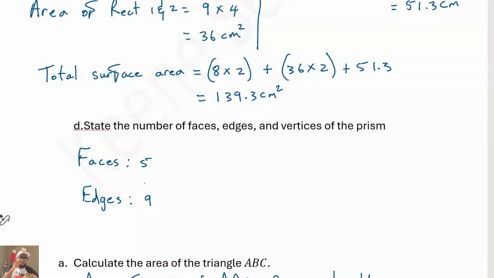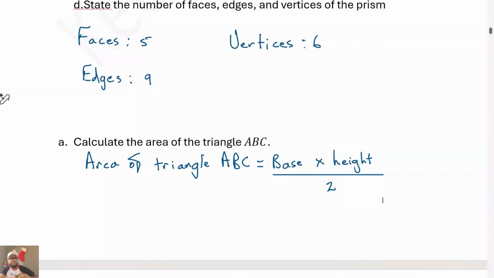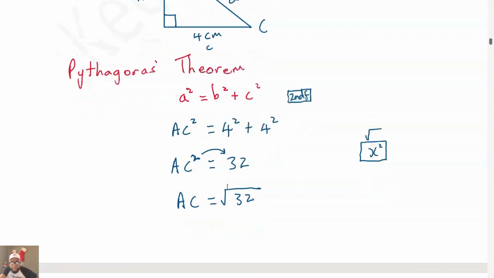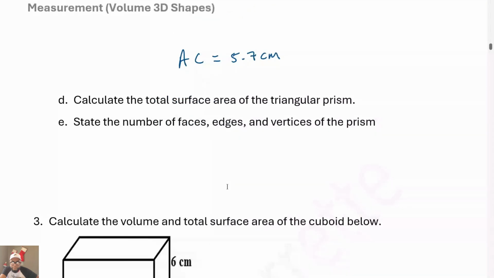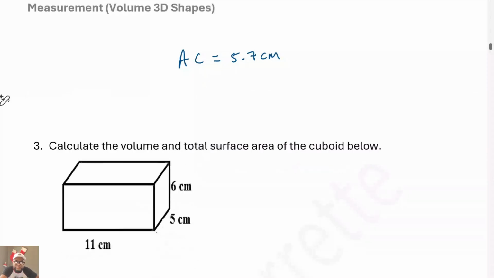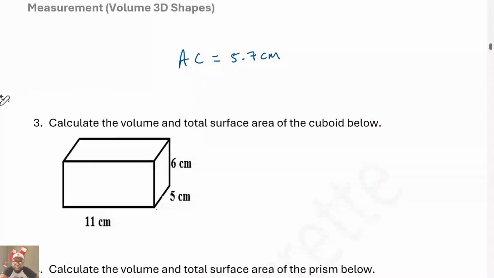Then each triangle has 1, 2, 3, and then 1, 2, 3, correct? And then vertices. 6. Yep. Everybody good here? Yes. We're running right now.